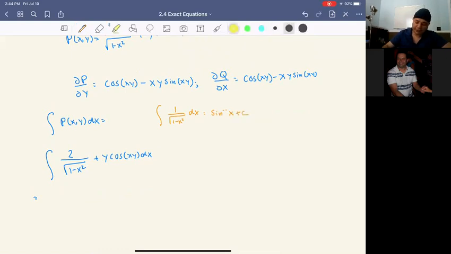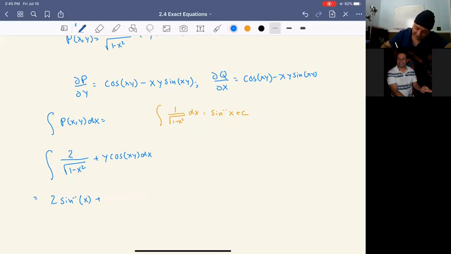So this one's going to be 2 sine inverse of x plus, now here, the y is treated as a constant as we do this integration. So we're basically just integrating cosine of x times something. When you do that in integration, it's going to divide by whatever's multiplying.